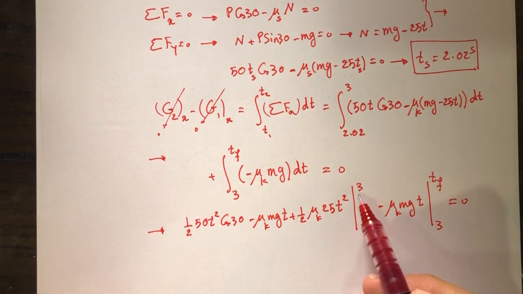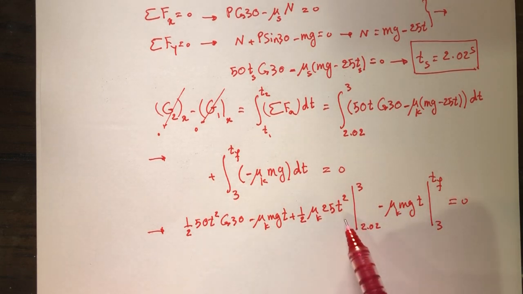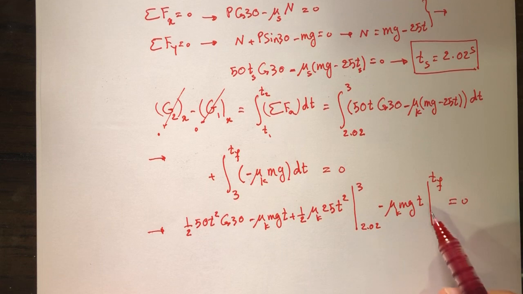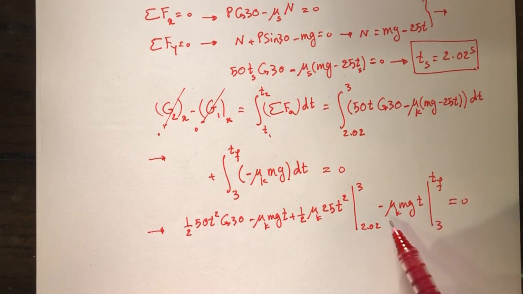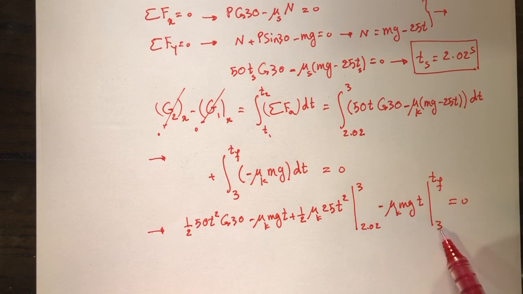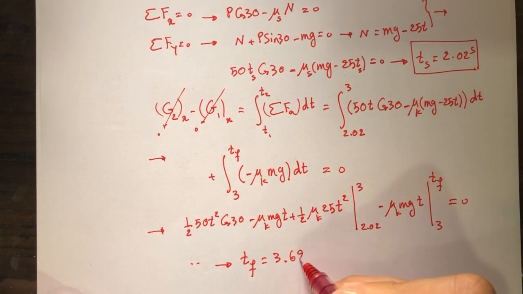You need to replace t with 3 first, then minus everything when t is equal to 2.02 here. And the same thing here, it's going to be negative mu k mg times tf plus mu k mg times 3. So we are going to have only one unknown in that equation, which I'll let you do the math. And at the end, tf is going to be equal to 3.69 seconds.